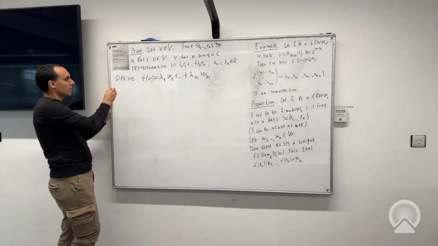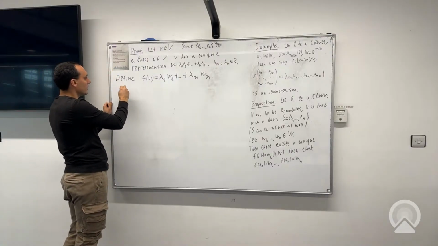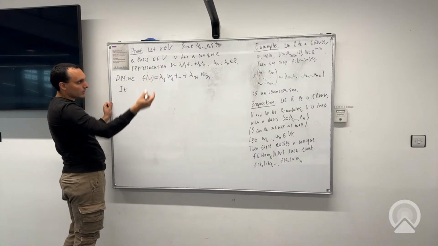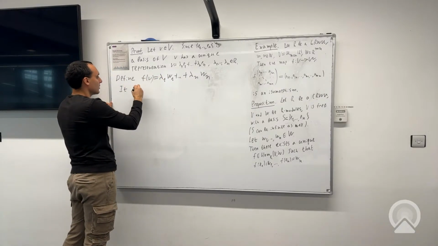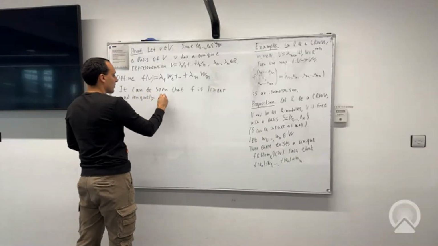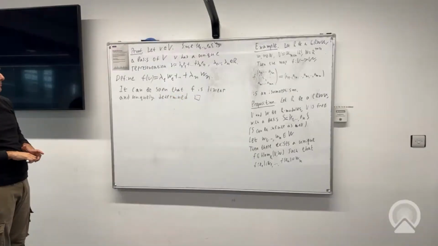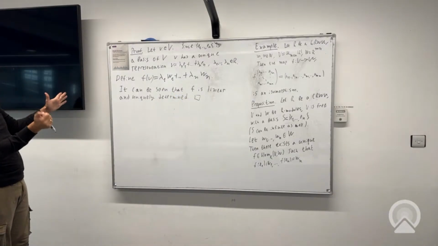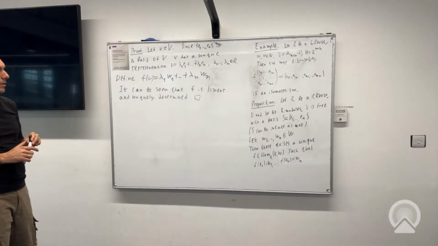And the details can be seen, that this is unique. I will not go into the details; if you want, you can try it. Finish the proof. Usually it's much easier to define some operators on a basis when we have one.